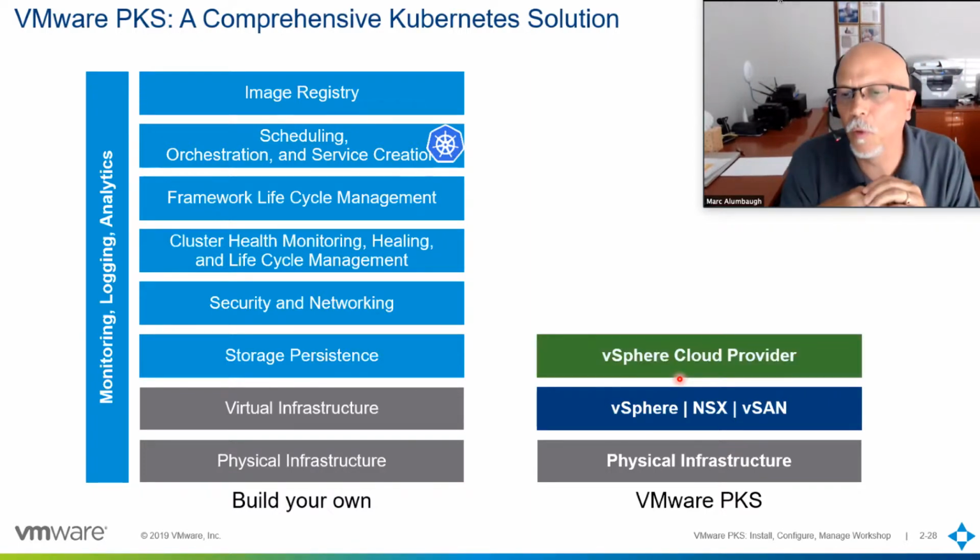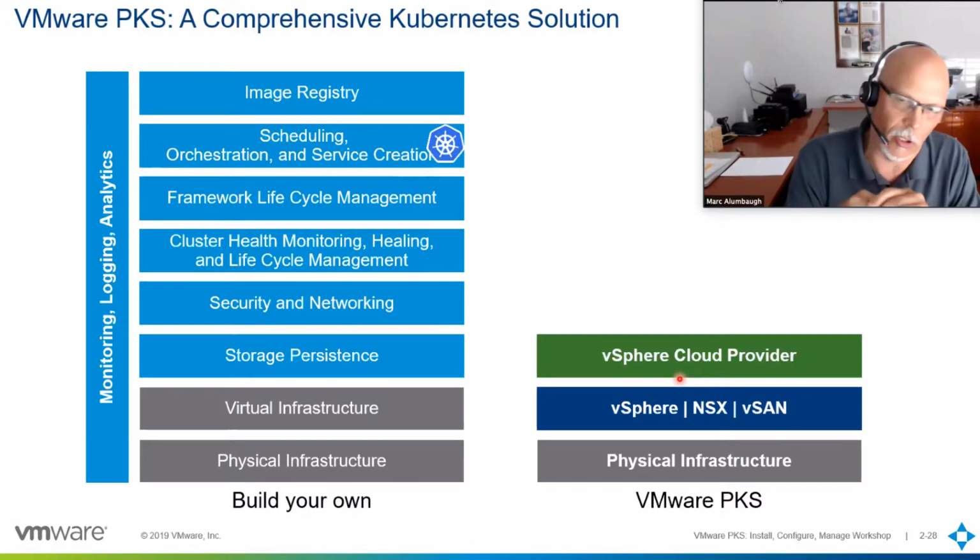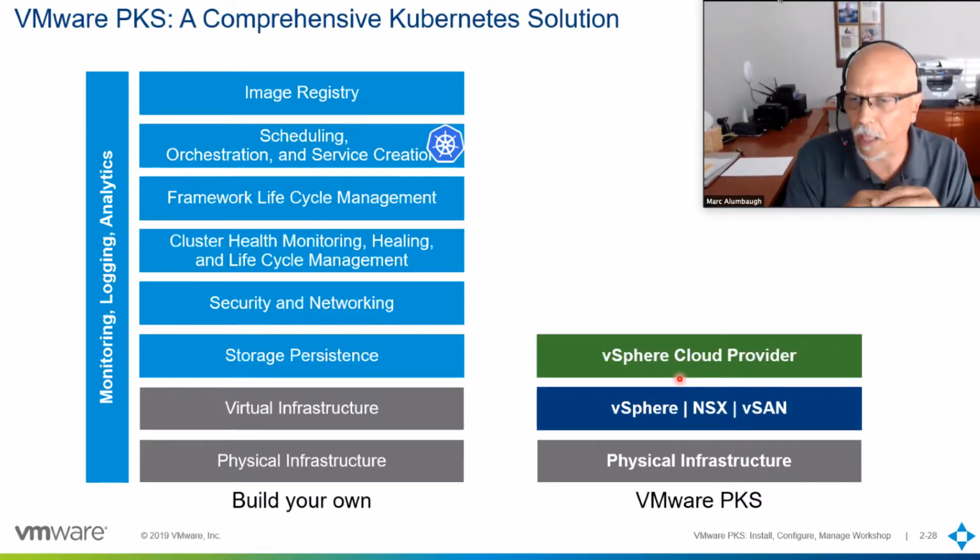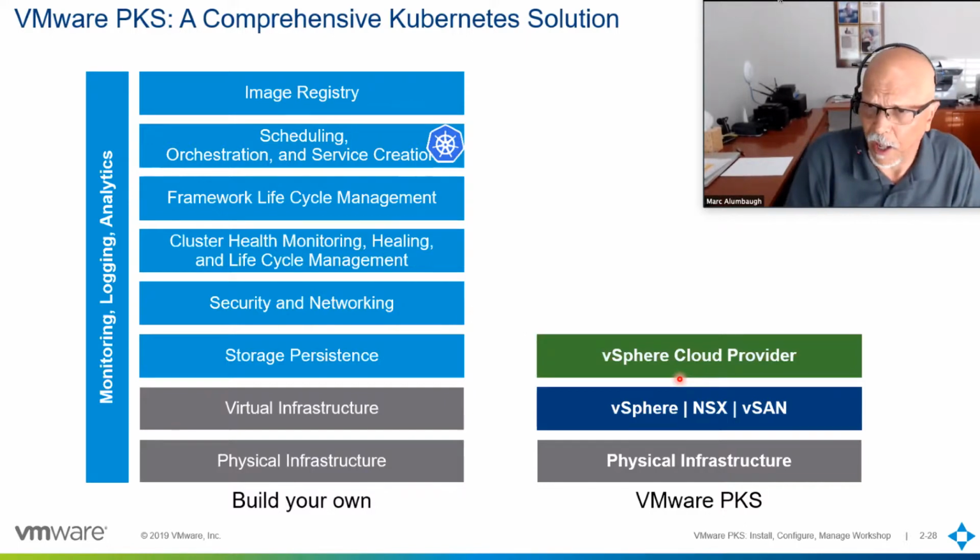We're going to show you with PKS how the solution called the cloud provider plugs in to PKS to allow me to do storage policy-based management to give me persistent storage. Or I could map it through to any NFS, iSCSI, or Fibre Channel-based storage that's available for me in vSphere.